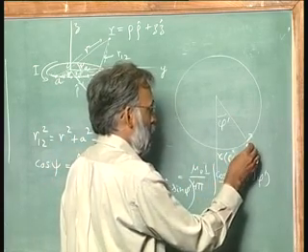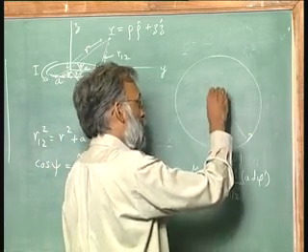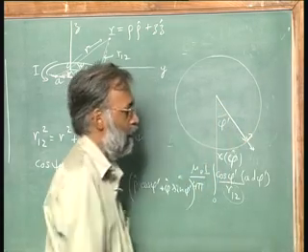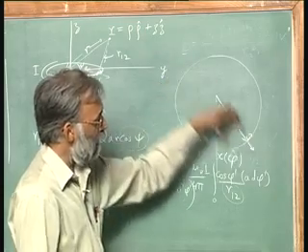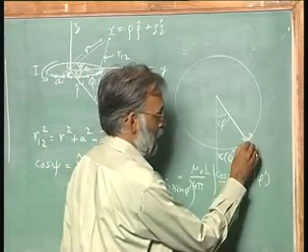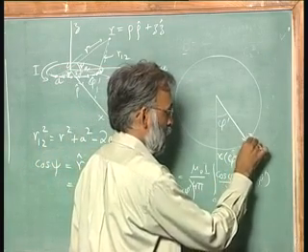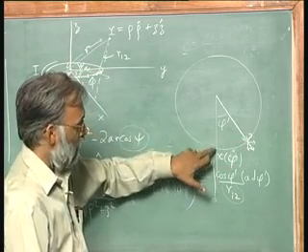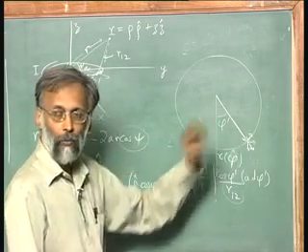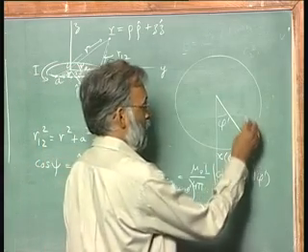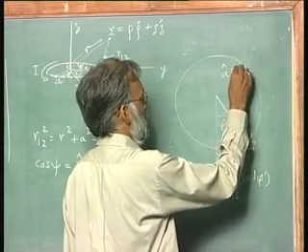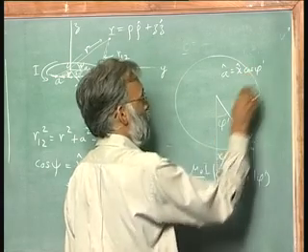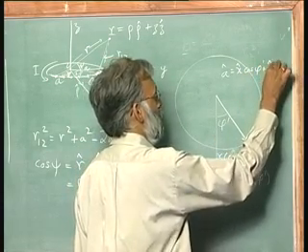So, if I want to know what this direction is, I want the unit vector along the radial line in that direction. I can build it out of these two vectors, that is the component along x and the component along y. So, I can write A hat is equal to x hat cos phi prime plus y hat sin phi prime.